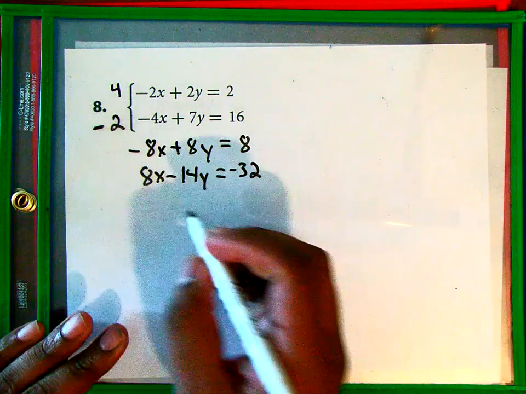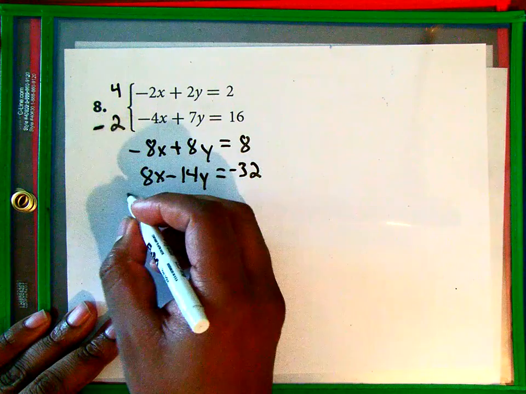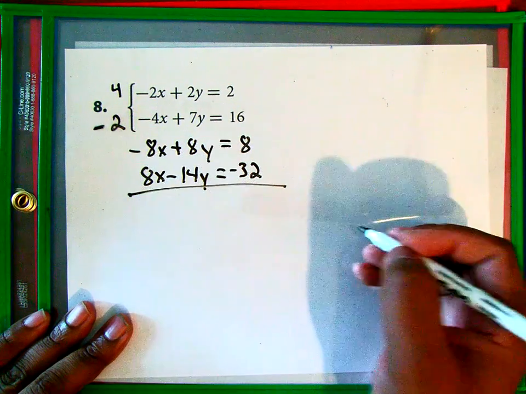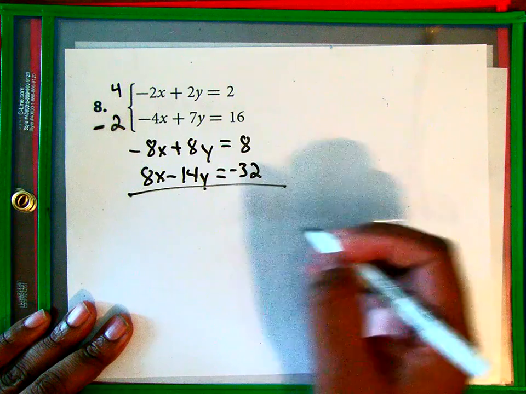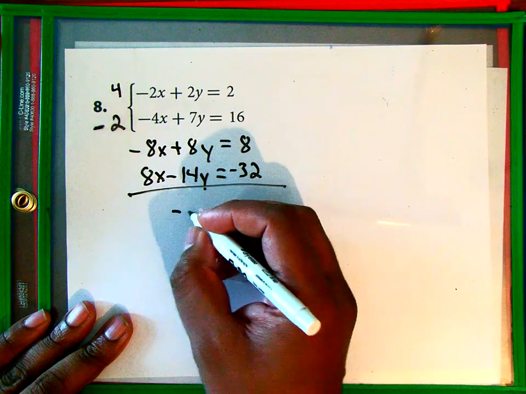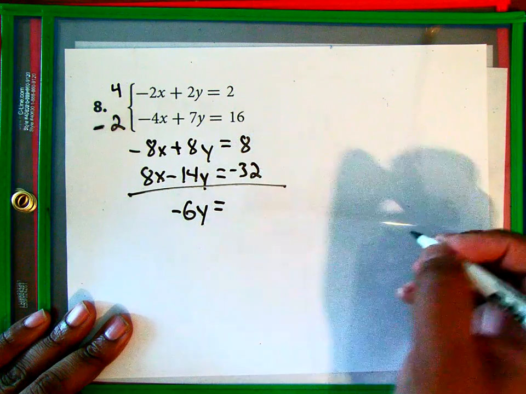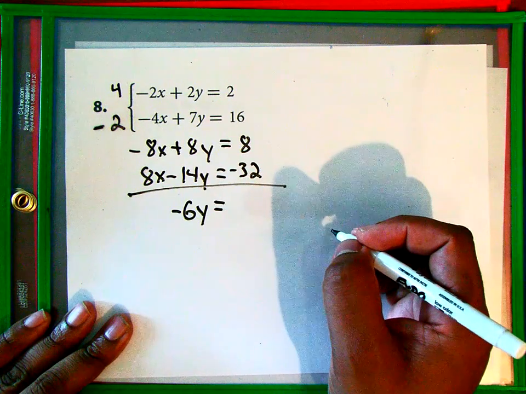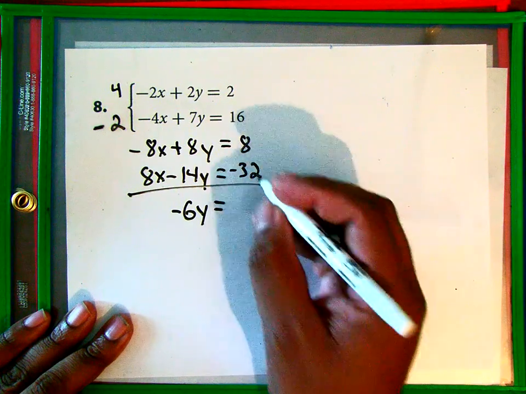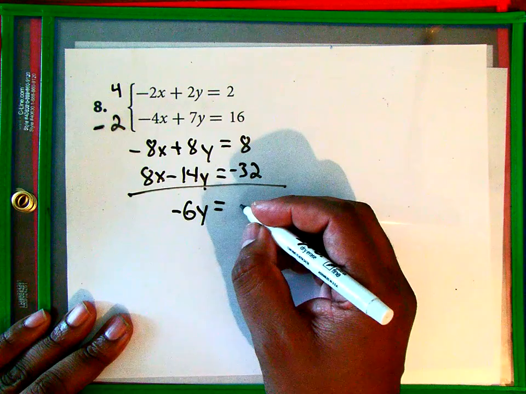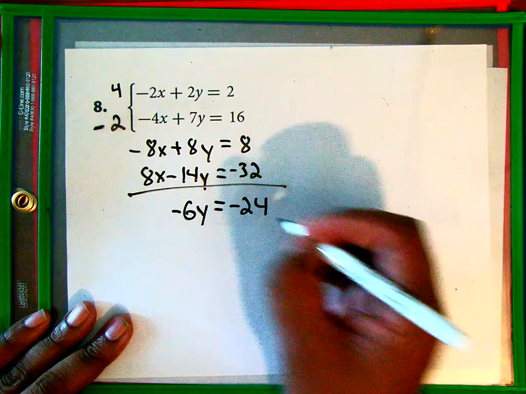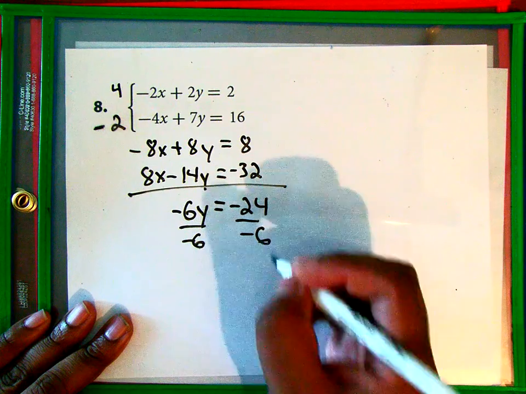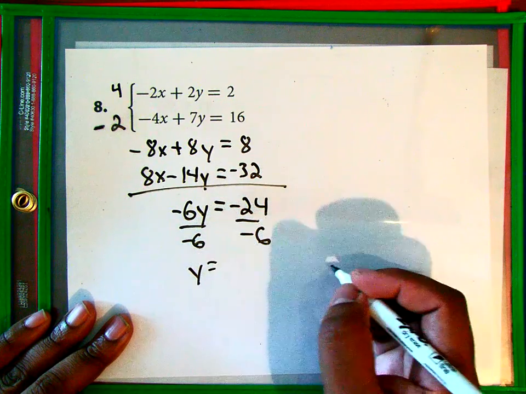Now I'm going to add these two equations together, and my x's will cancel out. That's going to leave me with negative 6y is equal to negative 24, and then divide by negative 6. y is going to equal 4.